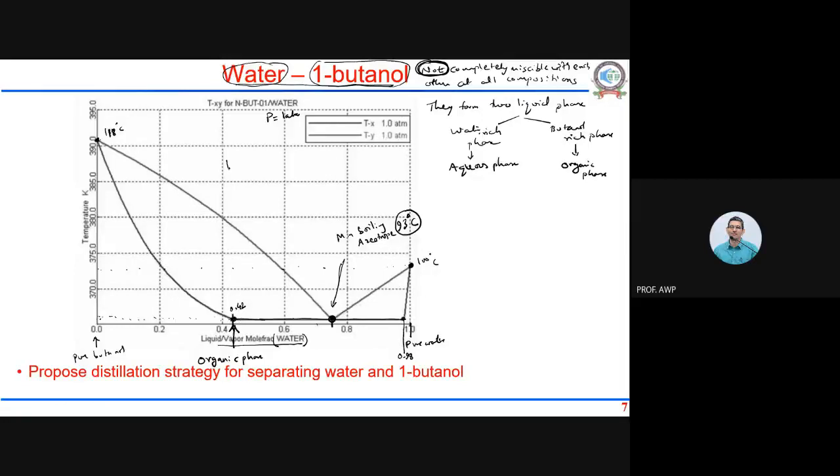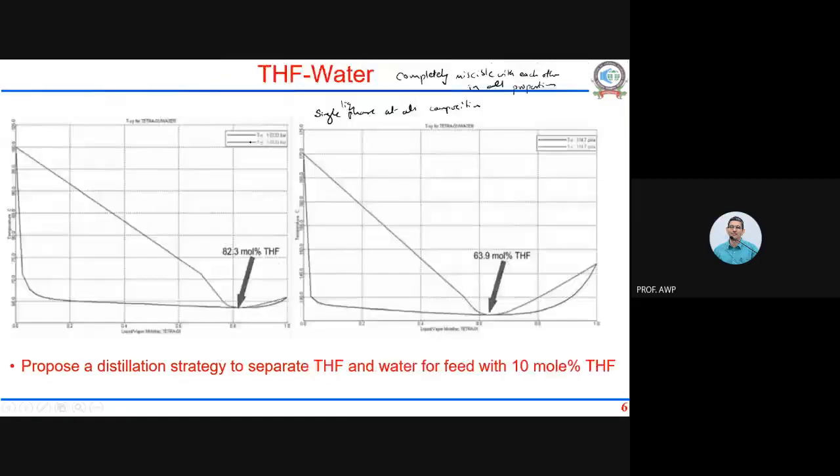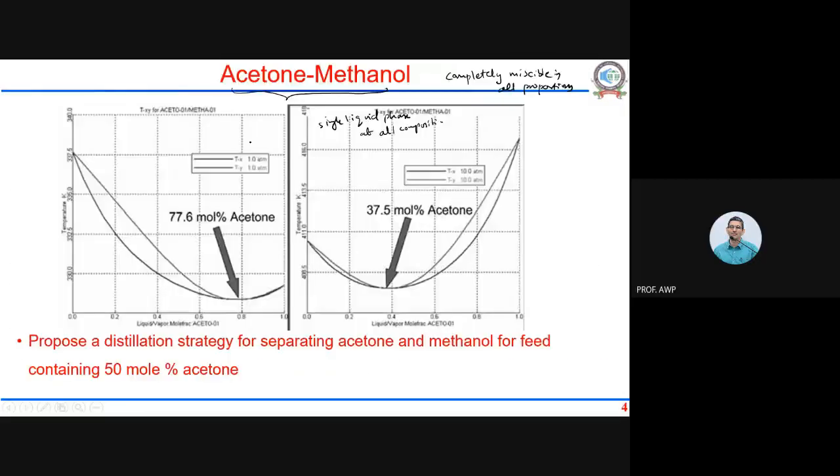This is an equilibrium of vapor, liquid, liquid. One liquid is the aqueous phase and the other liquid is the organic phase. VLL equilibrium, whereas this was only VL, vapor liquid equilibrium.